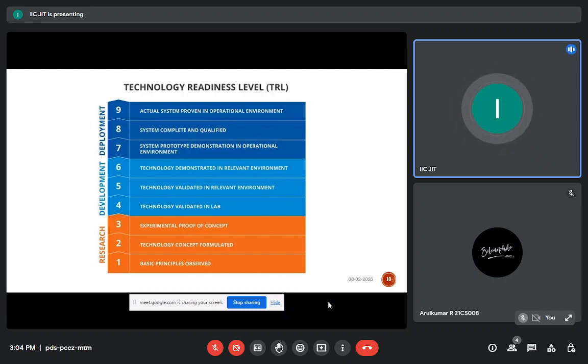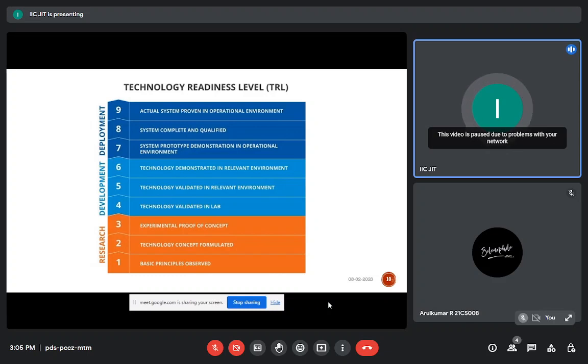It's not legally allowed. You commercialize, give it to a company, or have some of your students or faculty start a company. So the first 6 levels primarily have to do with university and research, college and research. The last 3 levels have more to do with a private company.